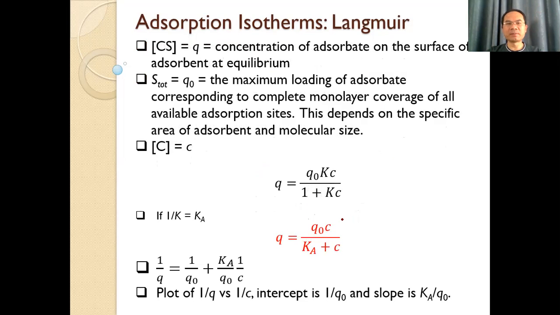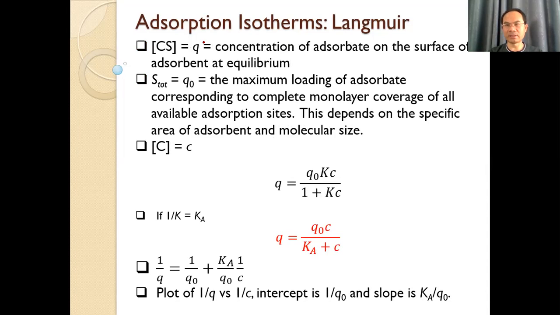If we represent the concentration CS as Q, Q is the concentration of adsorbate on the surface of the adsorbent at equilibrium. Q0 is the maximum loading of adsorbate, which corresponds to the complete monolayer coverage.